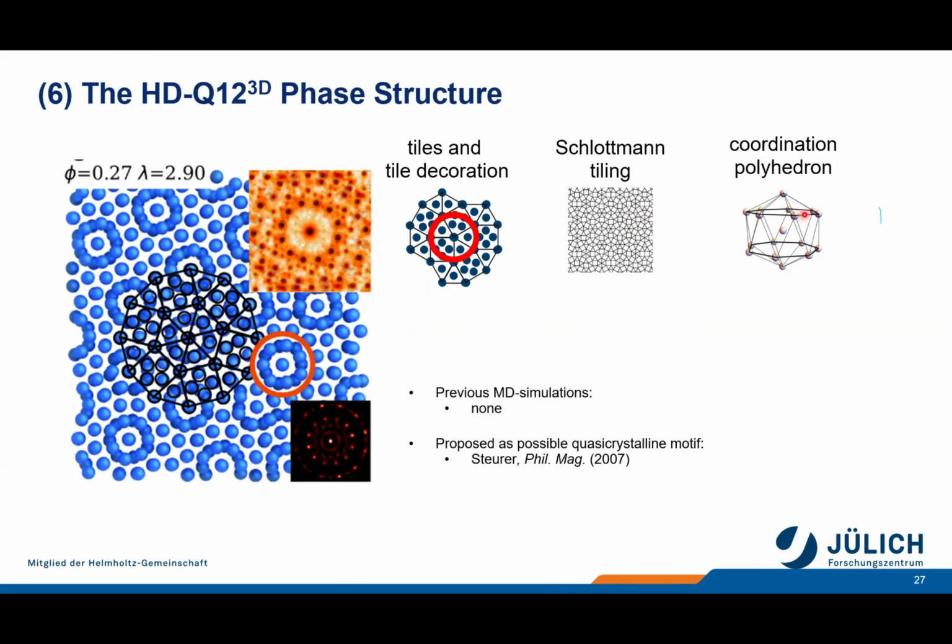This is the Schlottmann tiling with 7 particles, and then a lower plane with the 7 particles staggered and a central particle in the center. And this gives this high density phase. This has never been discovered in MD simulations before, but Steurer, who is like a magician in quasicrystals, proposed that this motif somehow should also give rise to quasicrystals.